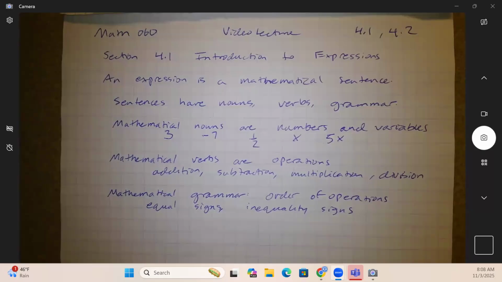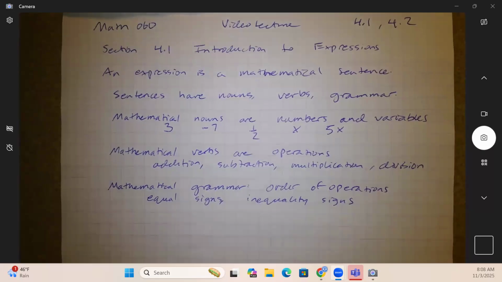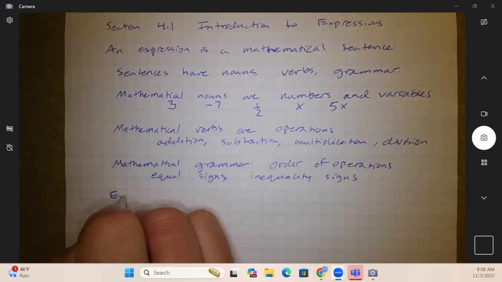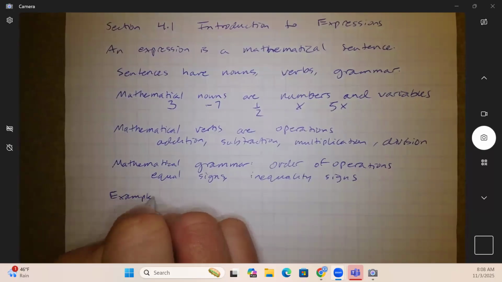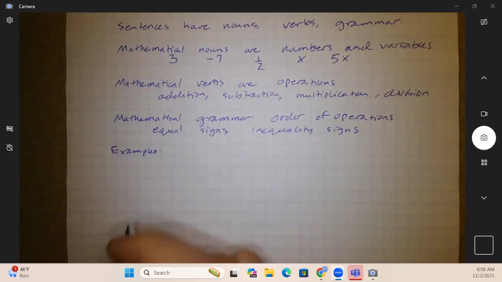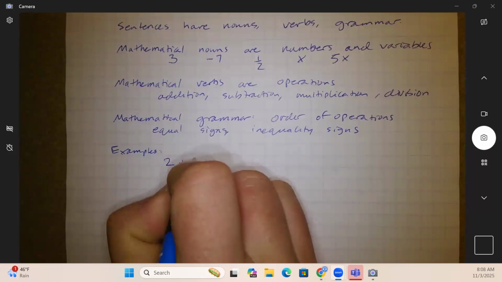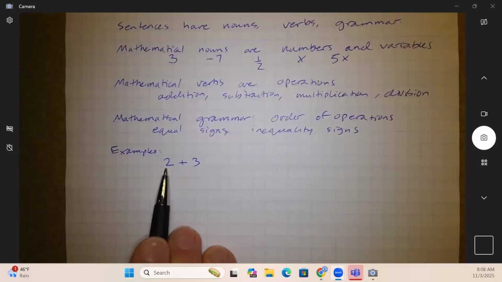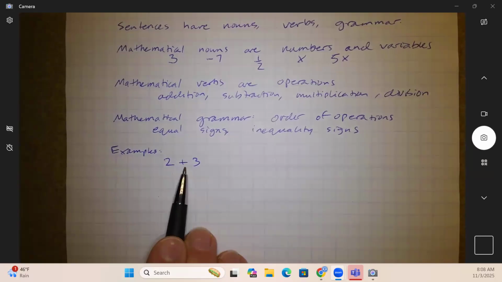So let me give you some examples. 2 plus 3, that's a mathematical expression because it has some nouns, the 2 and the 3, and it has a verb.